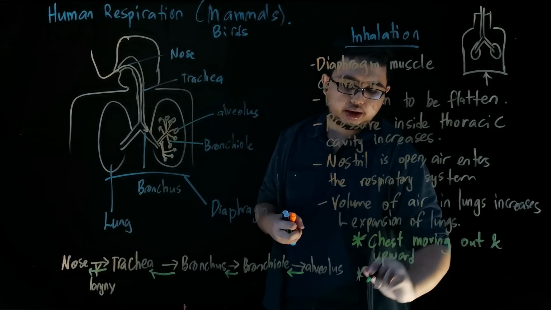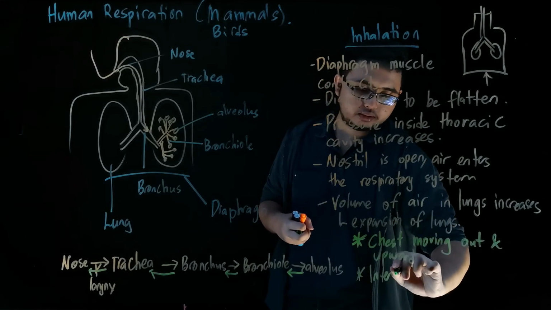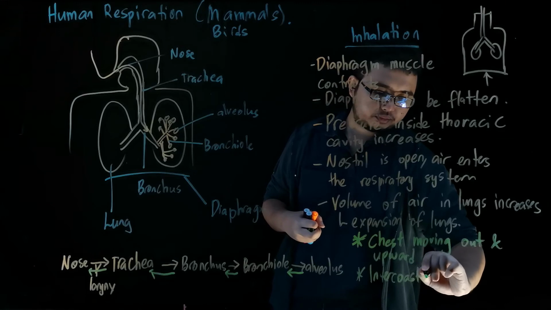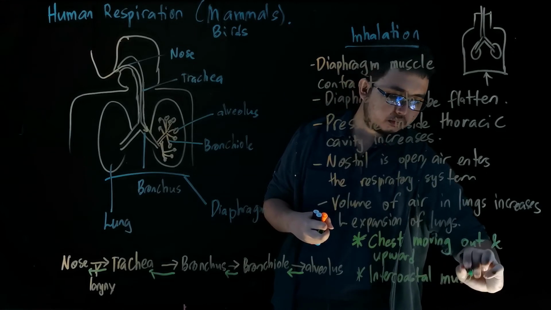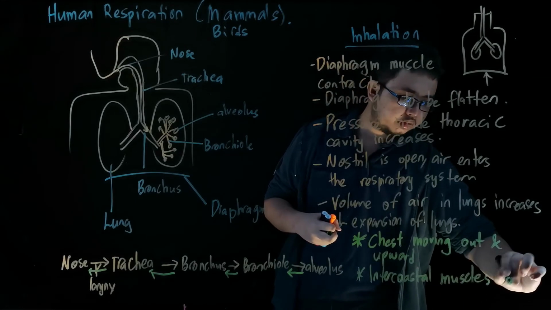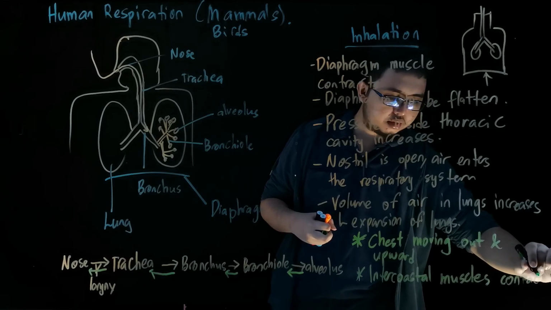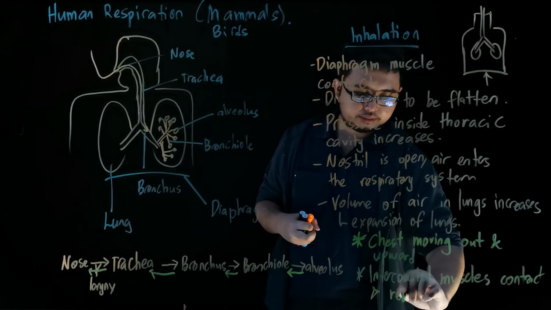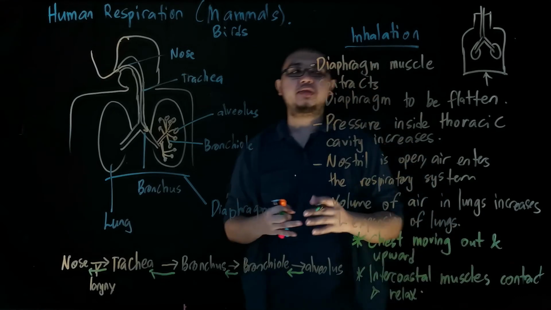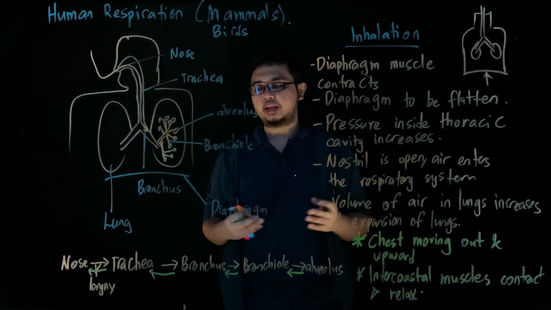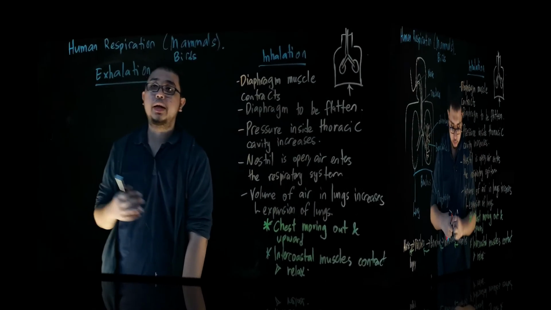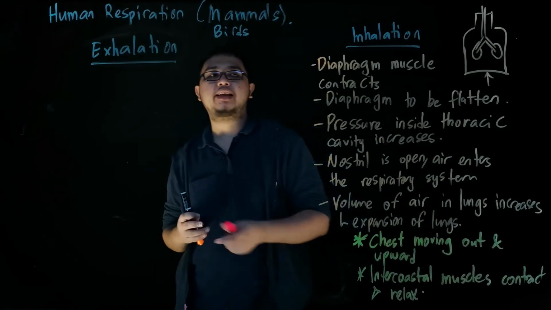And another thing, you have your intercostal muscle contract and relax. So this is everything that is happening during inhalation. Pause. Now we're going to take a look at what happened during exhalation.